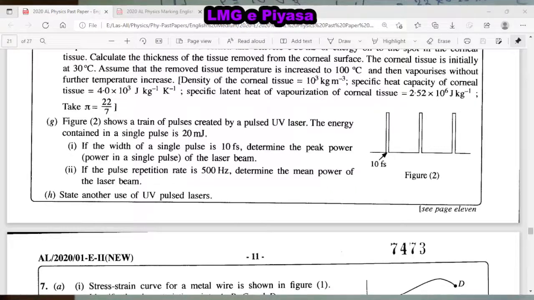P equals W over t, mechanics වල එන සූත්‍රය පාවිච්චි කරන්න. P equals W over time. ටක් ගාලා එන උත්තරේ.